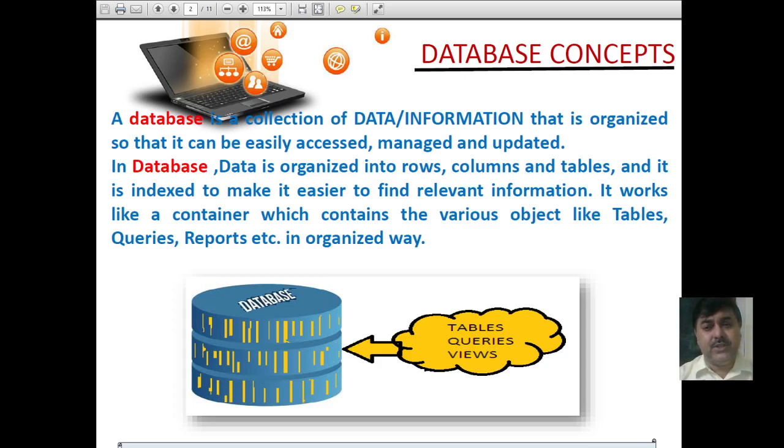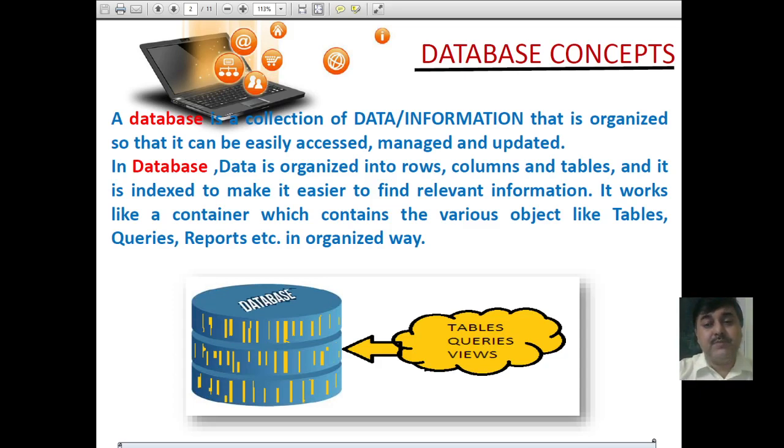Then I give the registration number, suppose 101, then a name, Vishal, and suppose in English he has got 89, and in maths the person has got 60. This way an index makes it easier to find the relevant information. Based on that relevant information, we can see this particular concept.